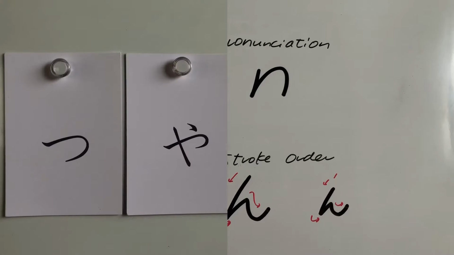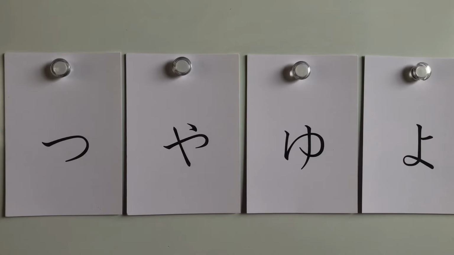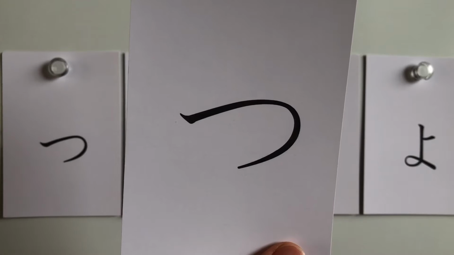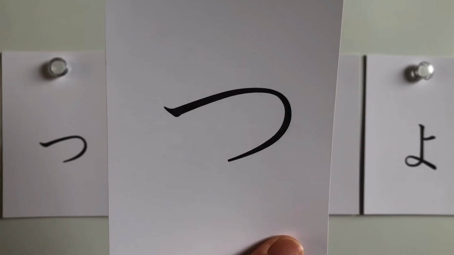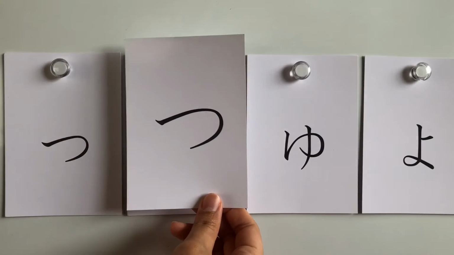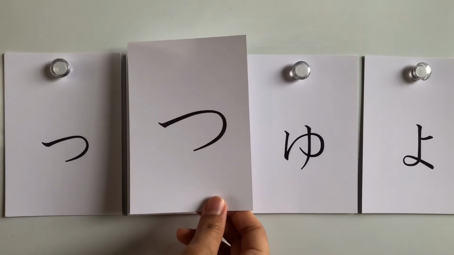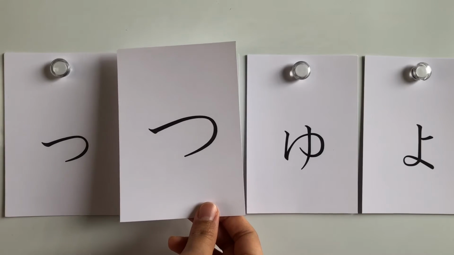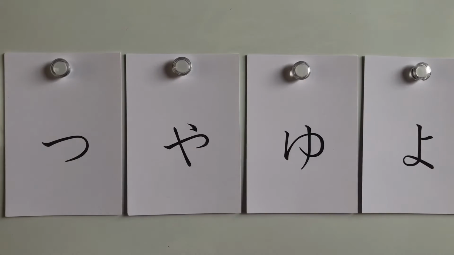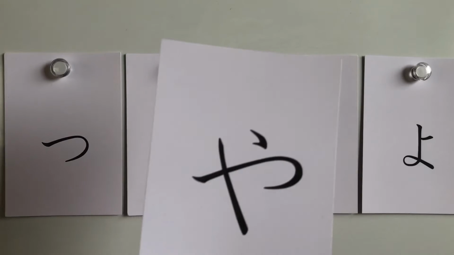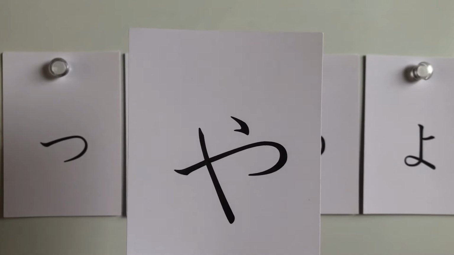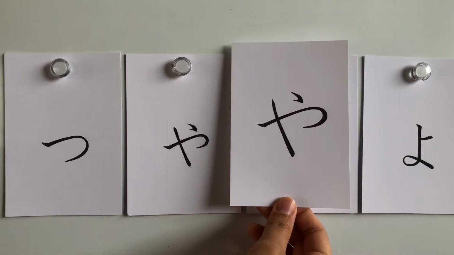Good. And here I've got 4 small letters compared to the original size. For example, like this one, do you remember what letter it is? Yeah, this one is tsu, and the size is like half of it. So this one is the original size of tsu, and this one you can say small tsu. Okay, and this one, yeah, this letter is ya, and this one is a small ya.